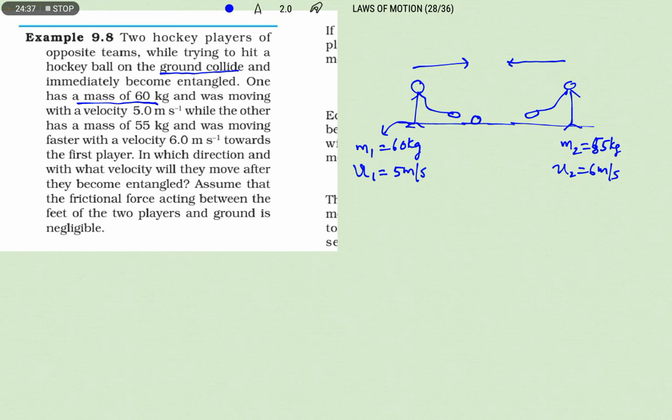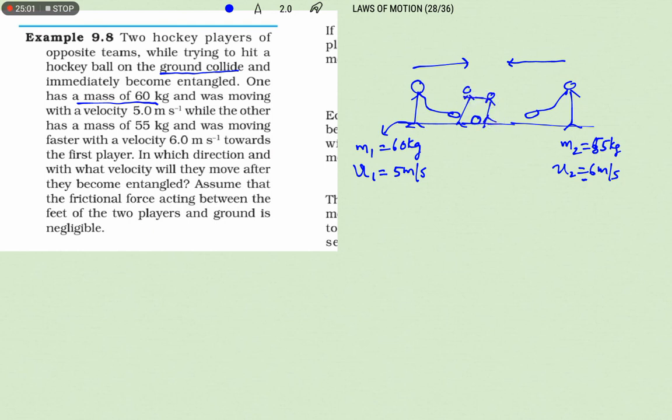That means the two players are moving opposite to each other. So according to sign convention, we can consider u2 with a negative sign. Then they are entangled. That means they hit each other and come into physical contact.